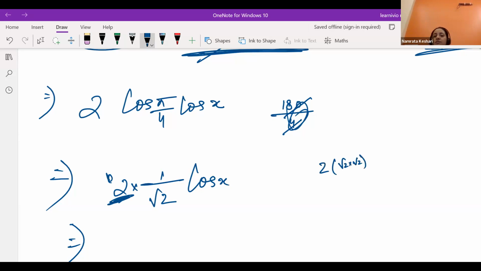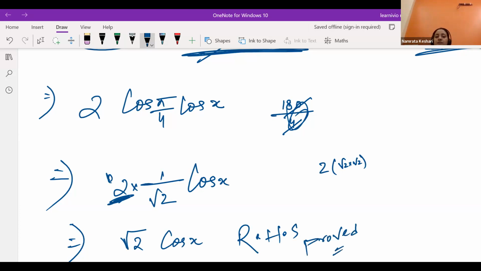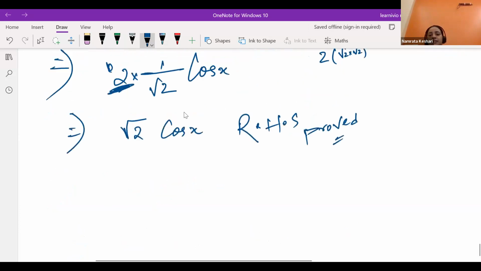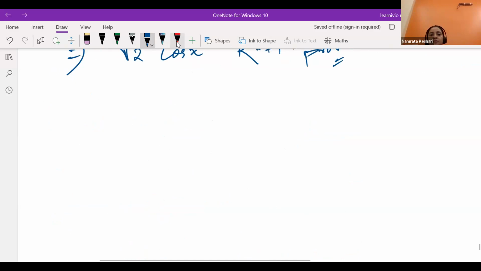That's why we are able to cancel one root 2 and we are left with root 2 cos x. And that is only given in the right hand side. So we can say this is RHS and we are done with the proof. Hence proved. Clear? Yes. Okay, let's continue.